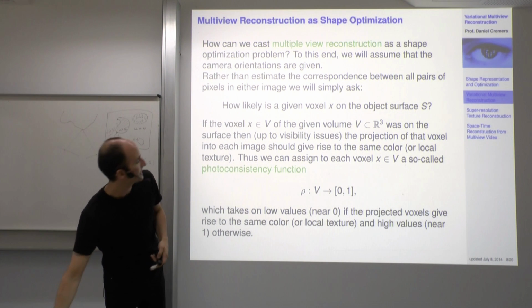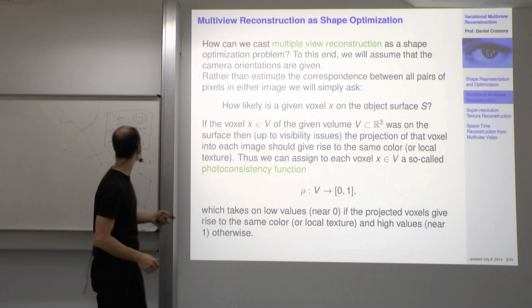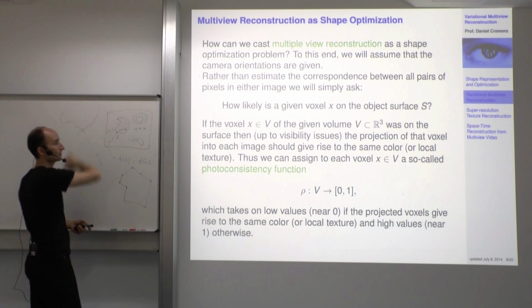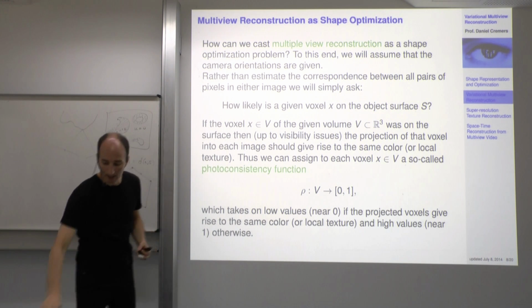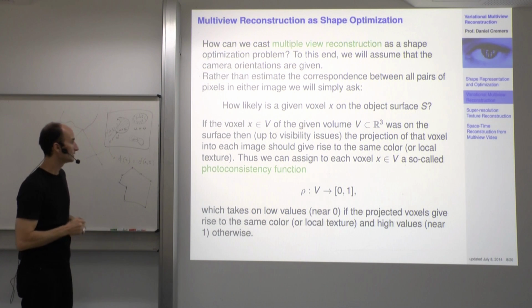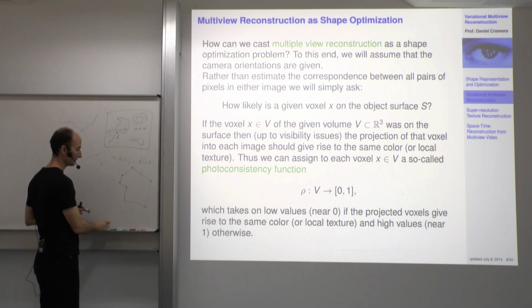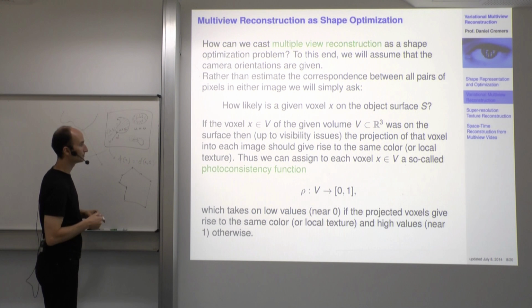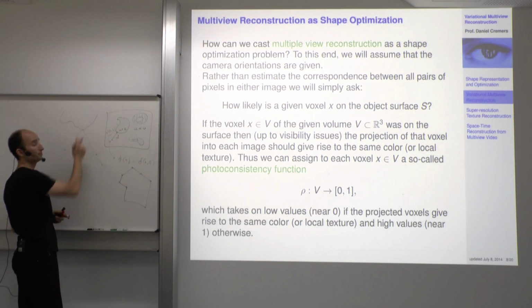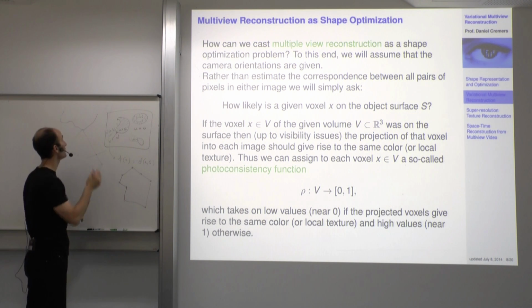And now we can assign to each point in that volume here, where we want to do the reconstruction, what's called a photoconsistency. And that's a function rho, which takes values in some predefined interval, say 0, 1.